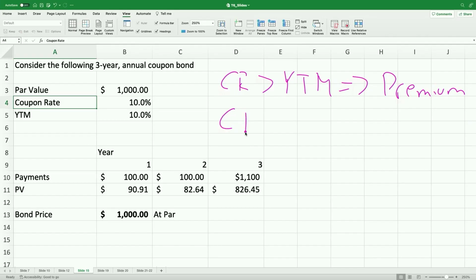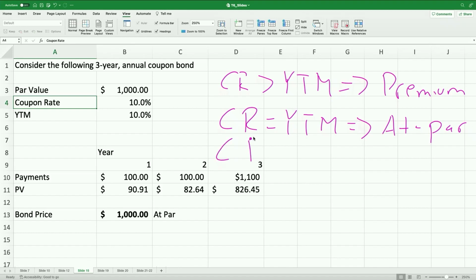When the coupon rate is equal to the yield to maturity, it trades at par. And when the coupon rate is less than the yield to maturity, it trades at a discount.